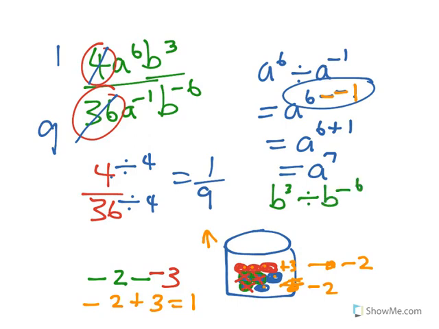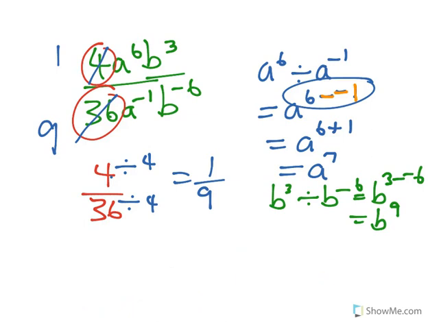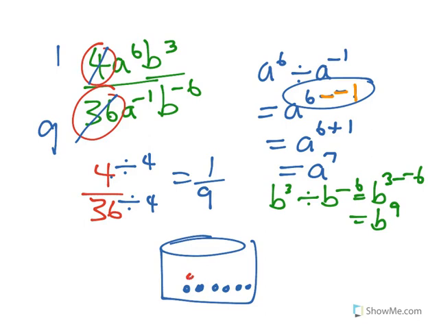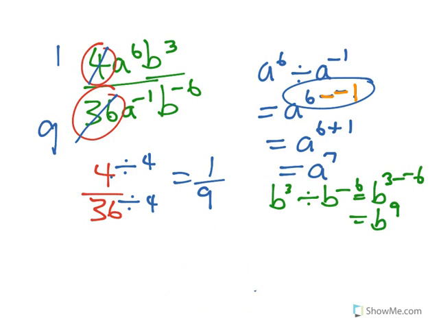B^3 divided by B^-6, so that's B to the 3 minus -6, which is B^9, because 3 minus -6 is 9. Now I might just demonstrate that with my cold balls, hot balls. So we've got -6 because they're the cold ones, and we have +3. So if I've got +3, and then I take away 6, it's a bit hard to represent that.